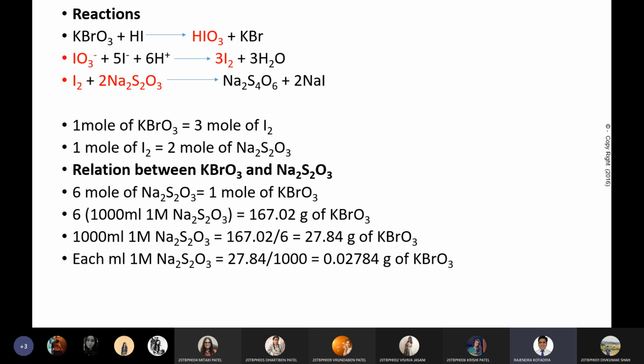What molarity of Na2S2O3 solution have we prepared? 0.1 molar. So will this factor work? No, sir, we have to convert molar into 0.1 molar, so one more zero will be added. Each ml of 0.1 molar sodium thiosulphate is equivalent to 0.002784 gram of KBrO3.